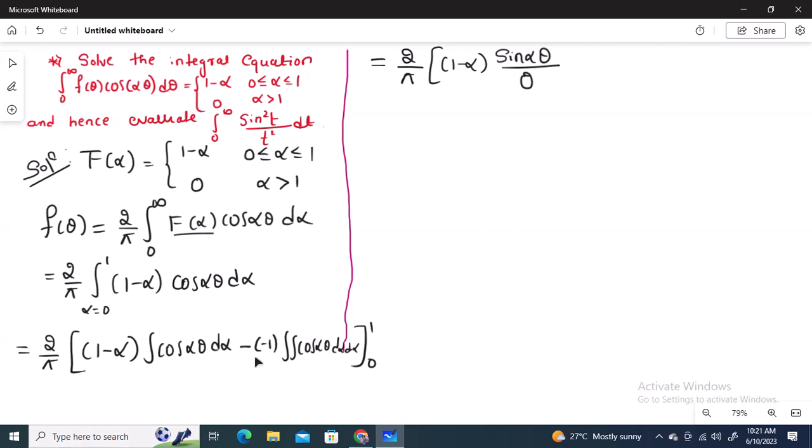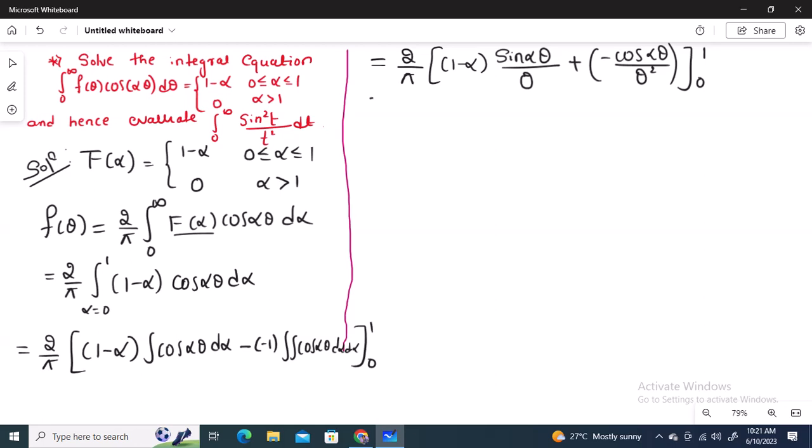And you can see here minus and this minus become plus. Double integration of cos: one time integration gives sine alpha theta by theta. This we have to integrate one more time. Sine becomes minus cos, so that is minus cos alpha theta by theta square, between the limits 0 to 1.